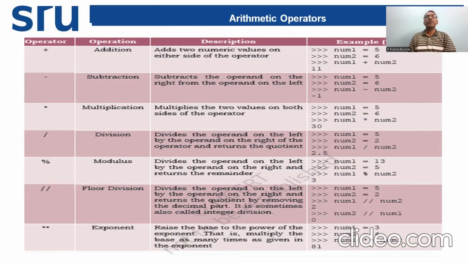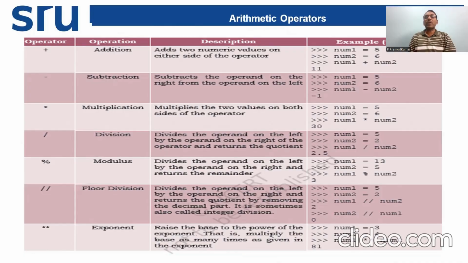Hence, the result will be shown. If you look at 5 into 6, the result becomes 30. Then the next one is division. The division operation is also the same. If you place it in between two operands, the first operand will be divided by the second operand. But here, in the case of a division operation, it returns the coefficient.